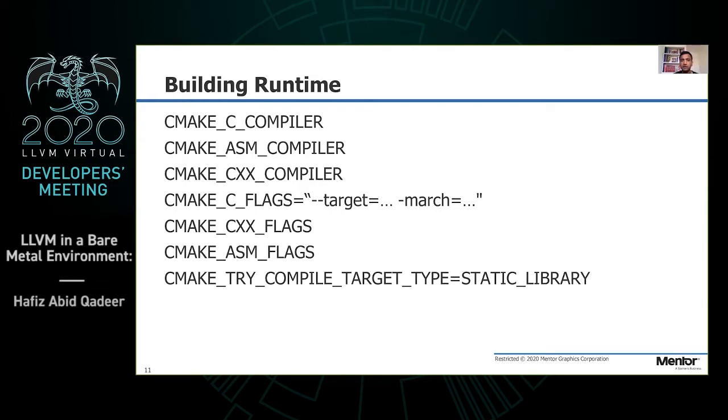This will include your target, and if you have any target specific options, you will provide them here. Similarly, when you are building multilibs, you will also provide multilib specific options here. The last option I show proves useful sometimes to avoid the link steps in CMake, because we are building a static library.